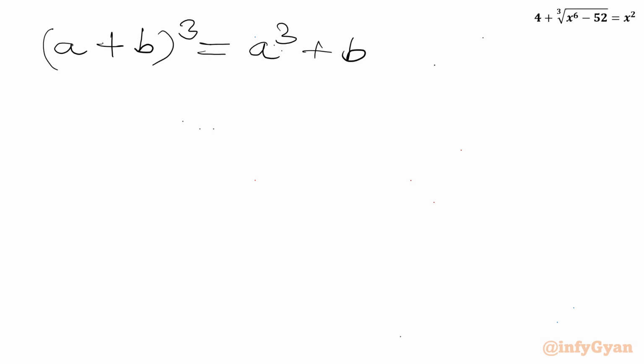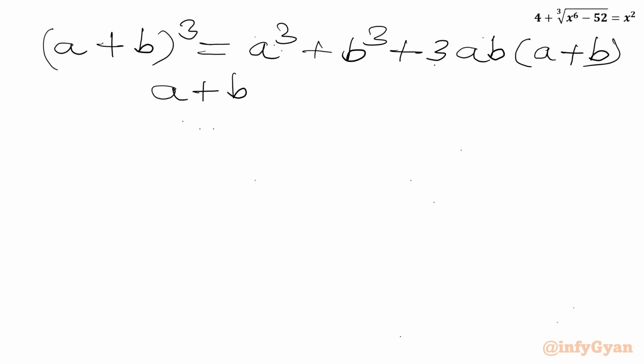Let's solve here using algebraic formula. A plus b whole cube equal to a cube plus b cube plus 3 times ab times a plus b. Now a plus b was 4. Second equation a cube plus b cube was 52.